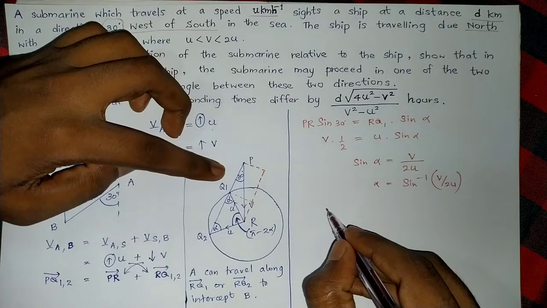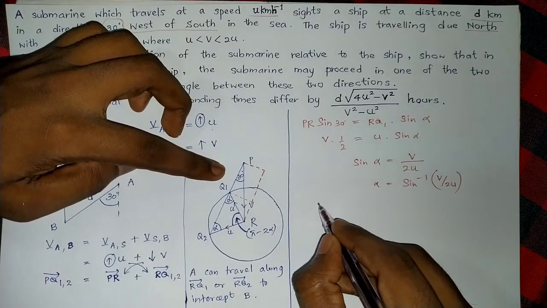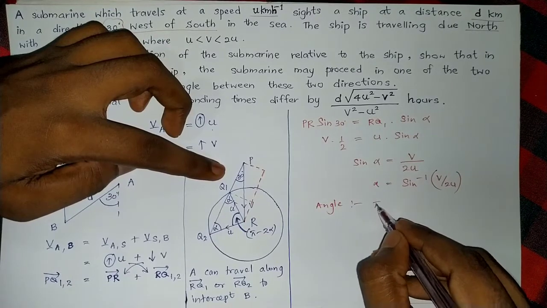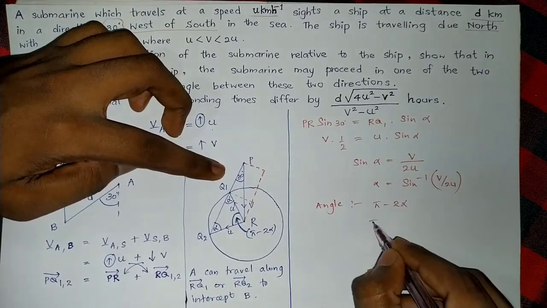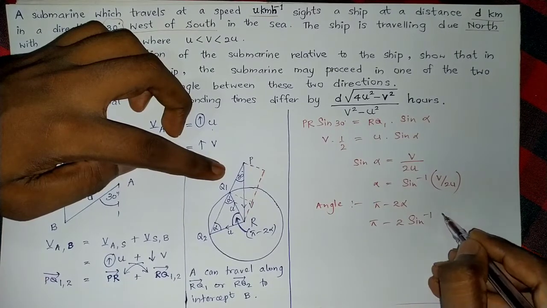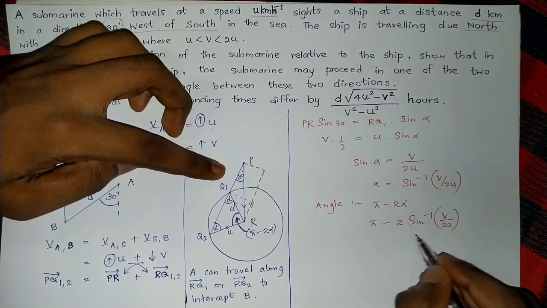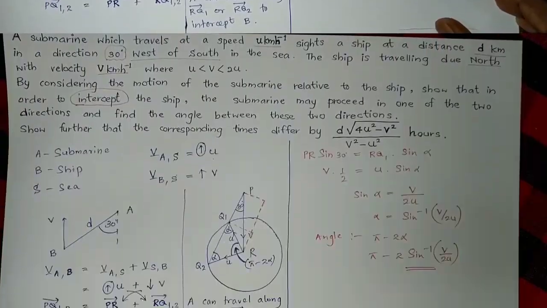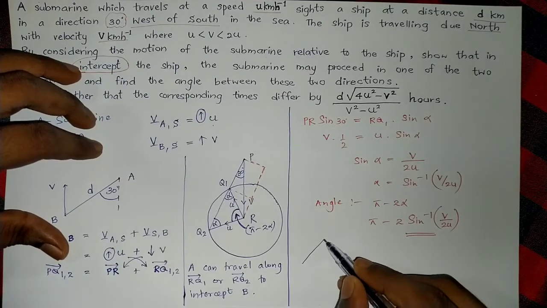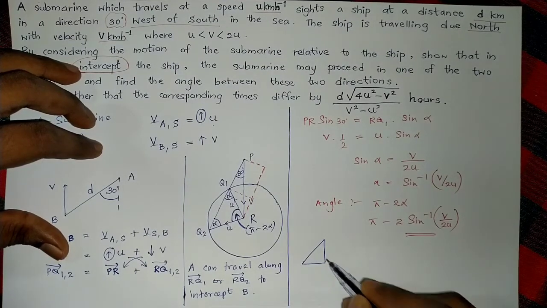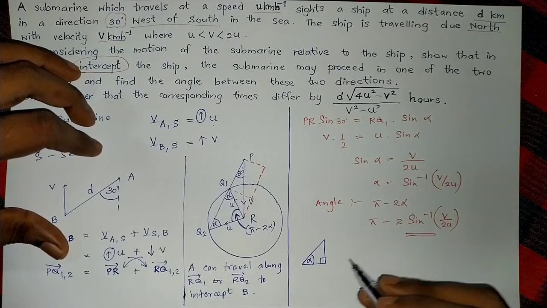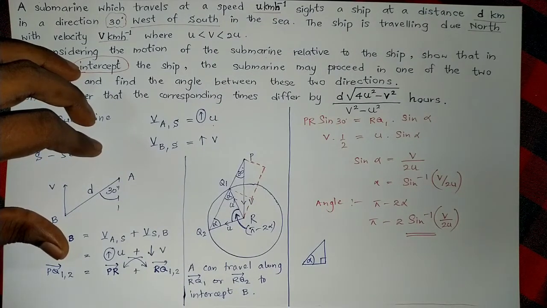So the angle between the two directions is 180 minus 2 alpha, that is 180 minus 2 times sin inverse V over 2U. Now I can complete a right angle triangle to represent my angle alpha.